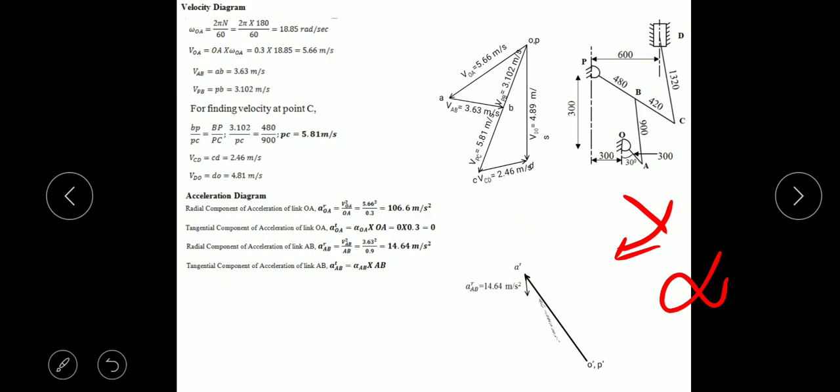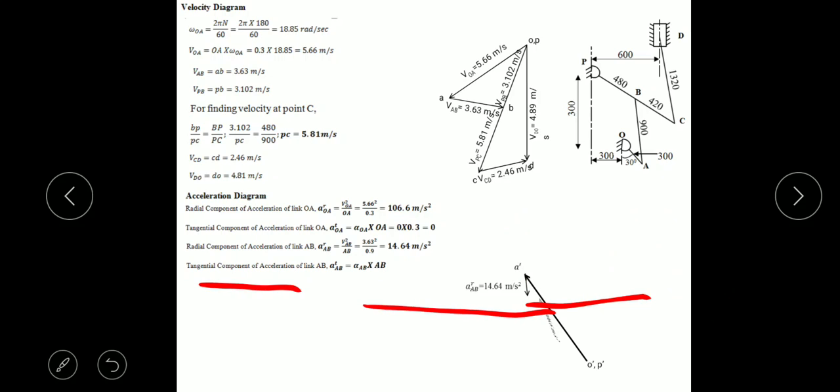That can be chosen by you, no issue for that. So there will be a change in every problem. So I am taking here a linear acceleration, that's 14.64 meter per second square, and from that I need to draw the tangential component of AB at 90 degrees towards this side or this side.